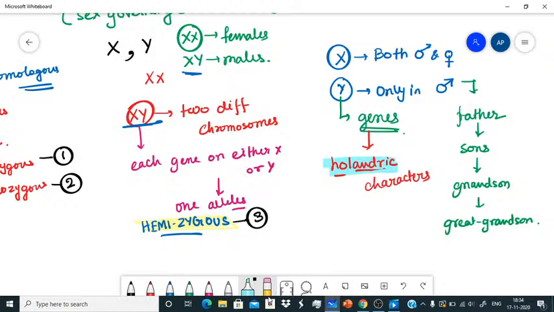So the inheritance of holandric characters is known as holandric inheritance or Y-linked inheritance, because it is the inheritance of Y genes. Right? Is it okay?